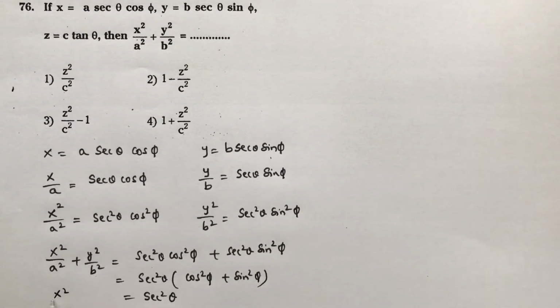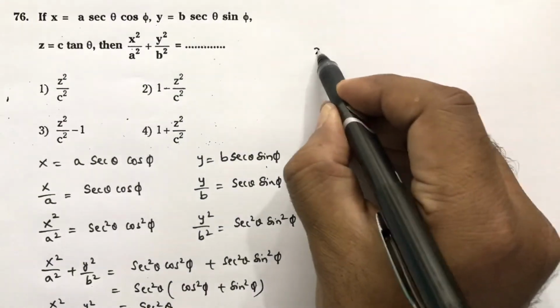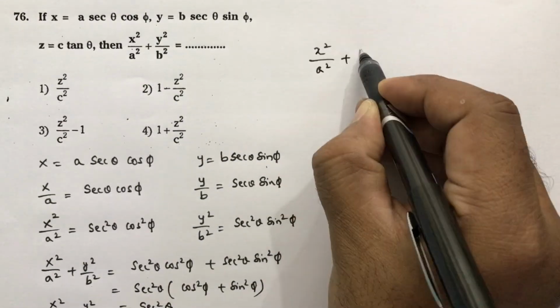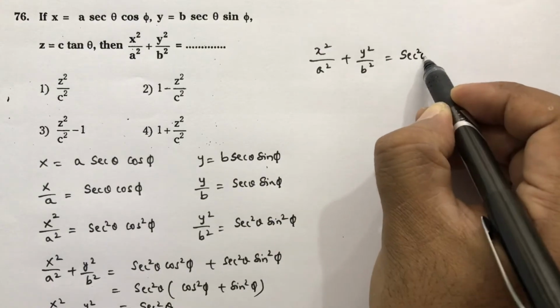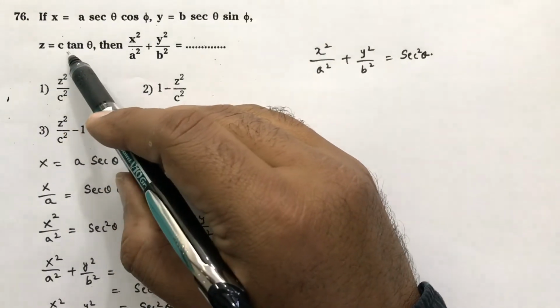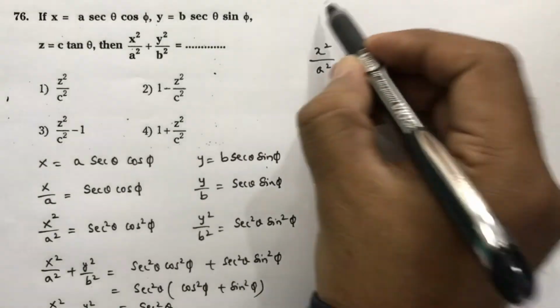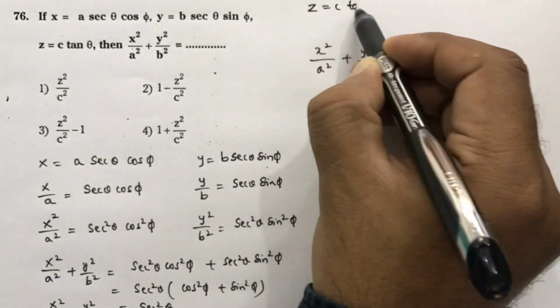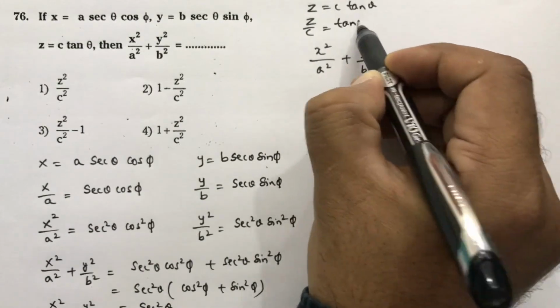So x square by a square plus y square by b square is secant square theta. Now see, they gave z equals c tan theta, so z by c equals tan theta.